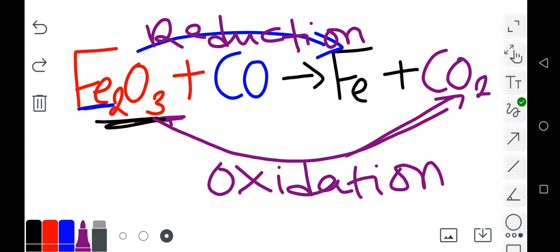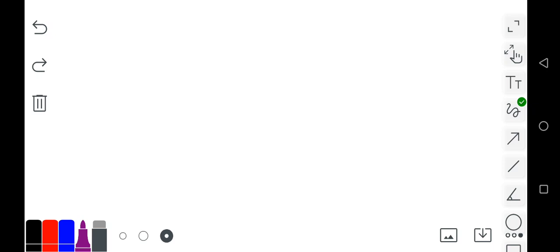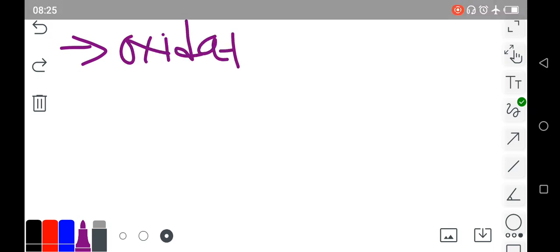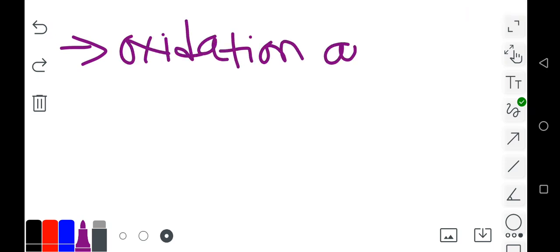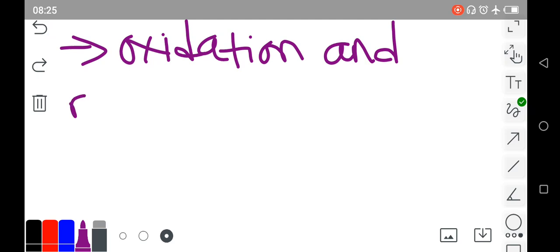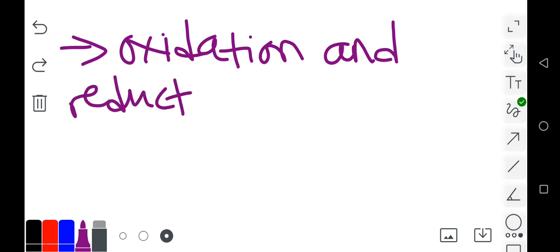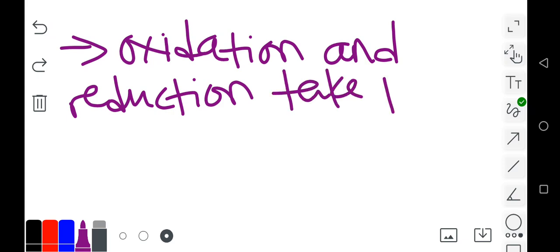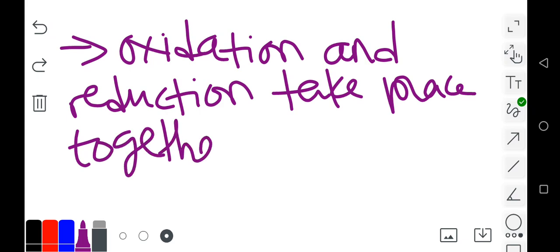Before we conclude, I'm going to show you another example. Please note that oxidation and reduction take place together. Okay, they take place together. So that's the most important thing.